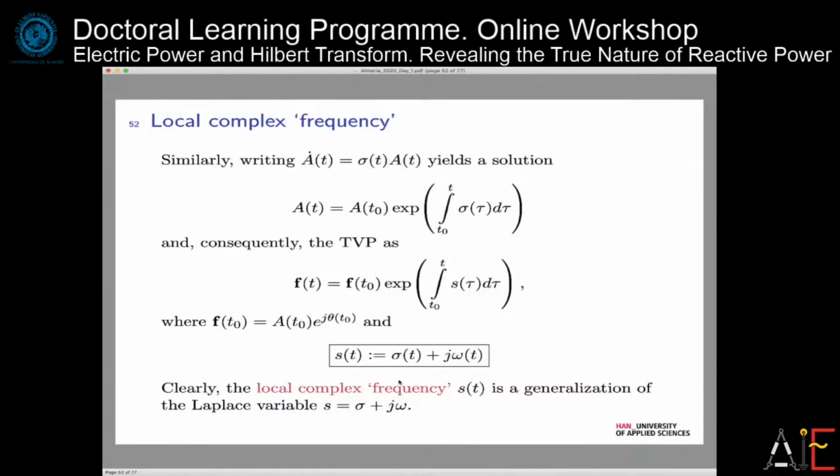And the reason for doing this is that it is written as an initial value problem, starting at the moment that we start measuring.